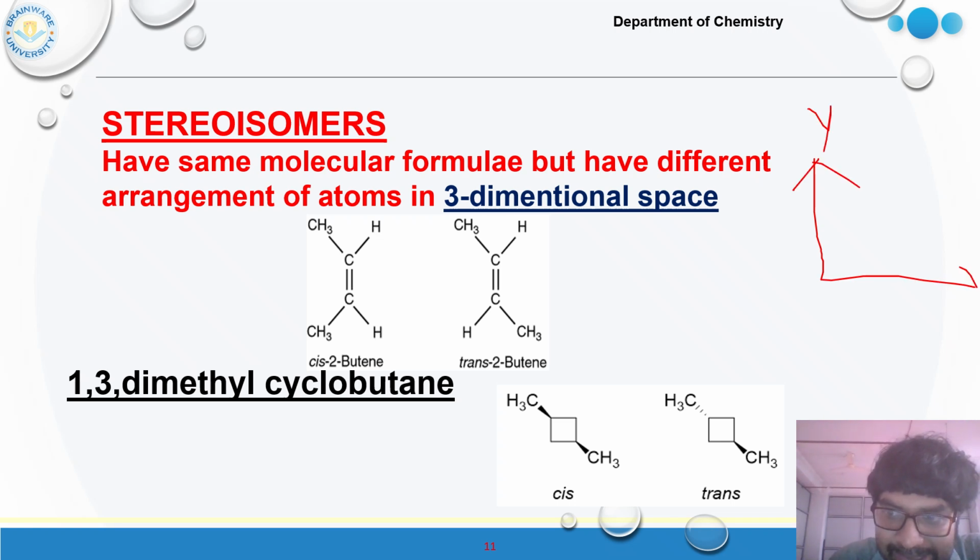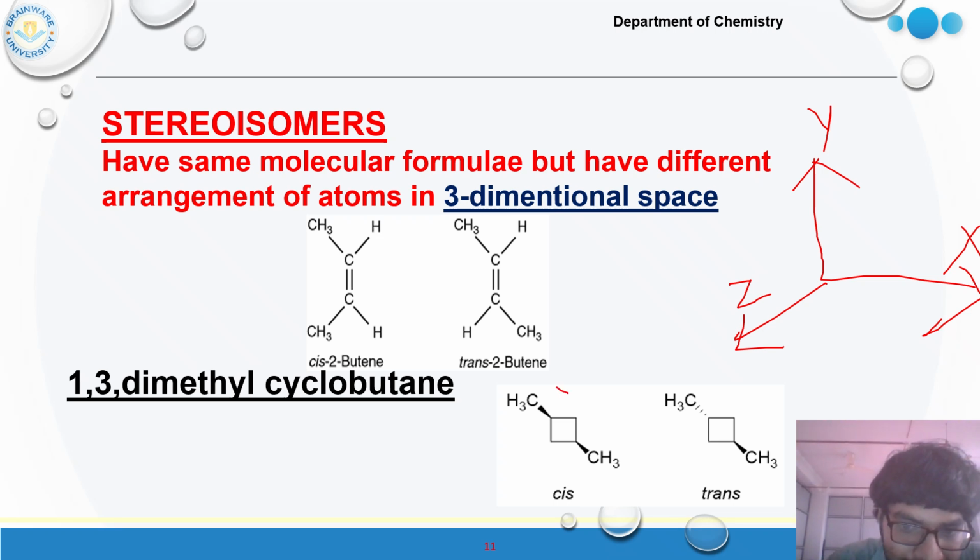This is the y-axis, x-axis and z-axis. The arrangement of atoms in three-dimensional space is different, so we call them stereoisomers.